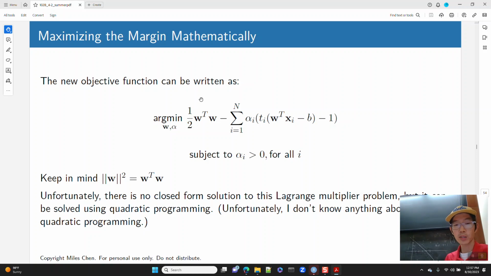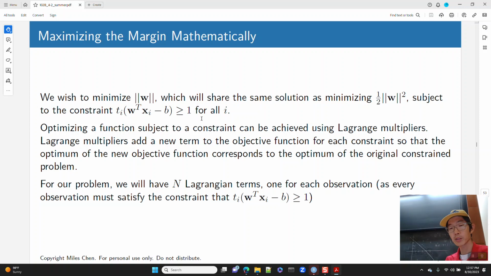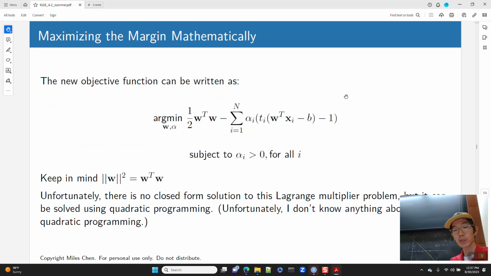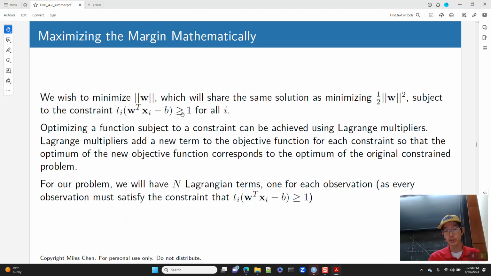And so our objective function is we're going to try to minimize the norm of w squared. So the norm of w squared is equivalent to w transpose w, right? Norm squared is just the sum of those terms there, okay? This is the constraint that t times w transpose x minus b has to be greater than or equal to 1.